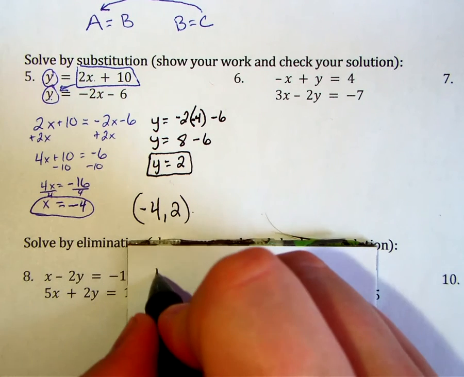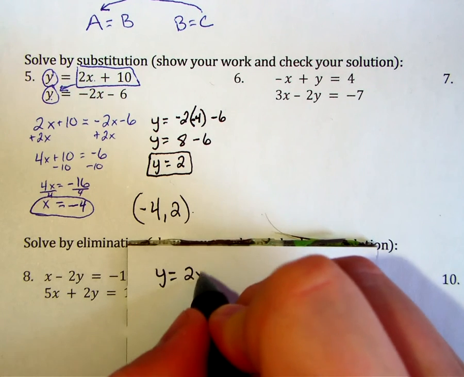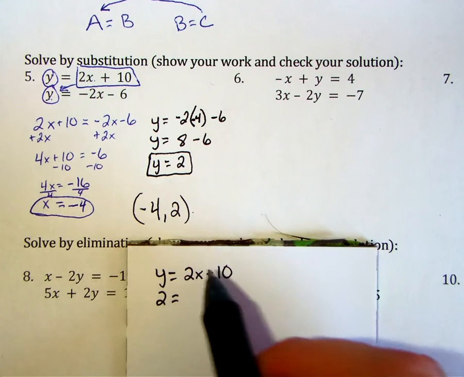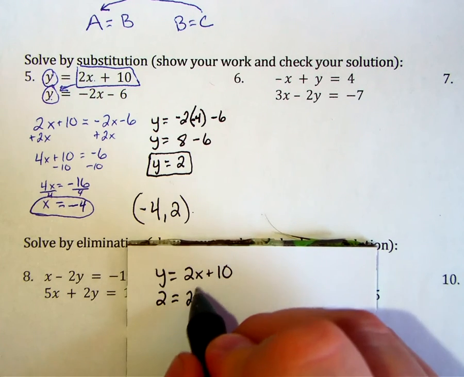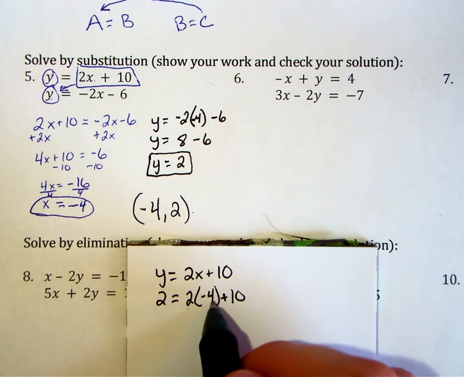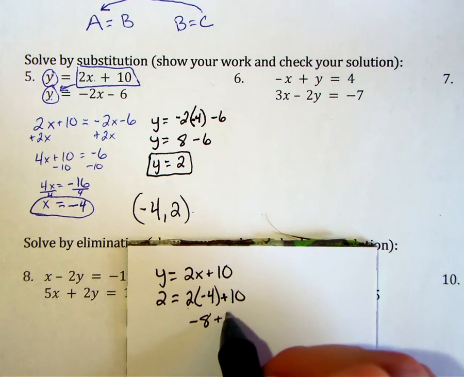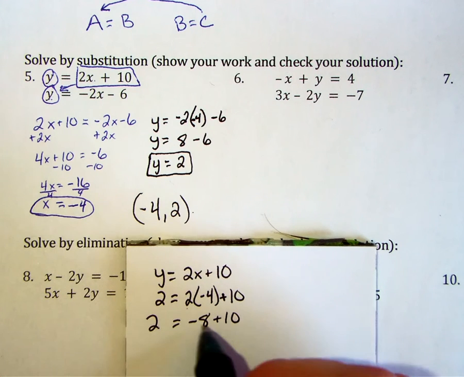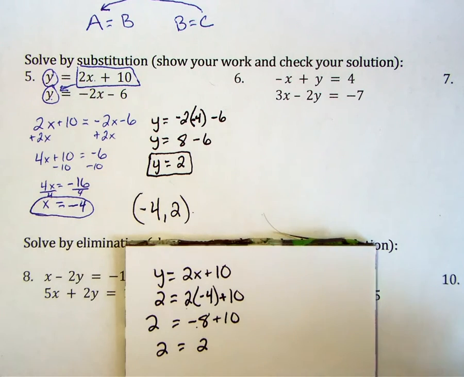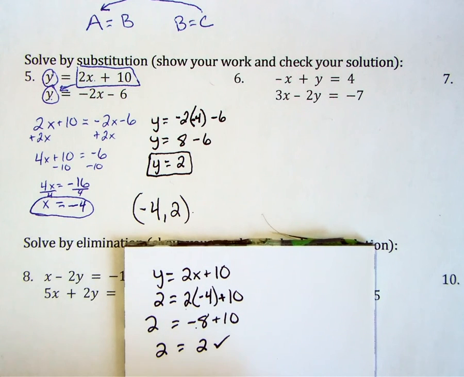So my first equation, y equals 2x plus 10, where my y value is 2. My x value is negative 4. 2 times negative 4 is negative 8. Negative 8 plus 10 is in fact 2. 2 does equal 2, so that ordered pair satisfied that equation.